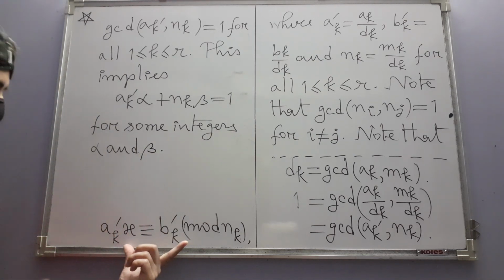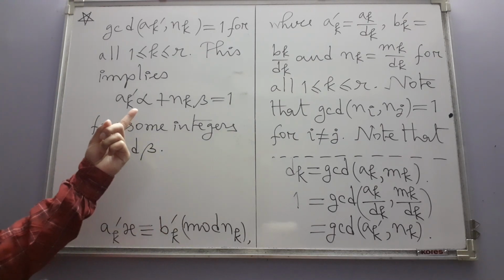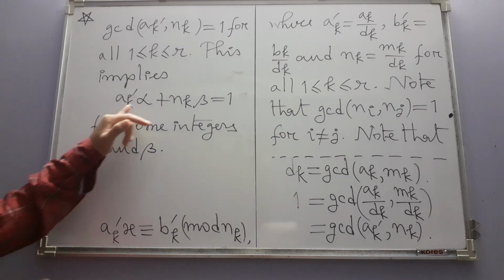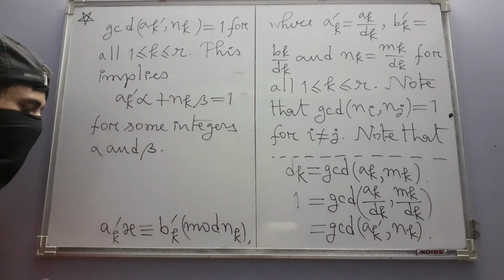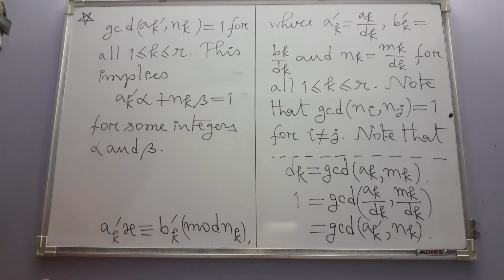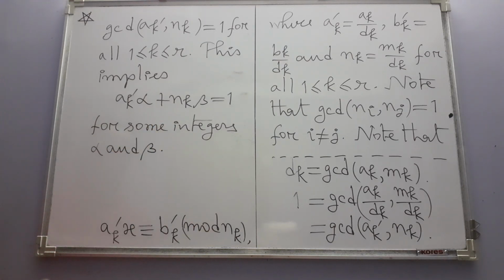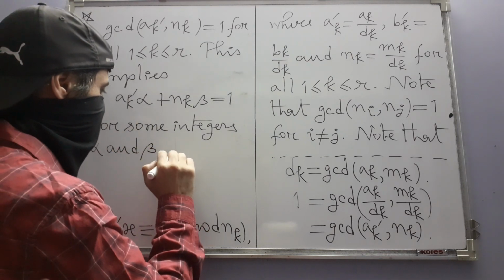So if you now look at this congruence and look at this relation, what can you possibly do? How can you use this relation to simplify this congruence? Note that from this relation we get another congruence.